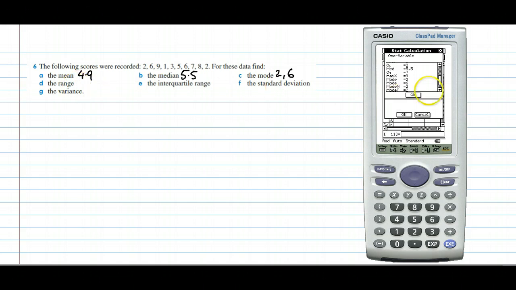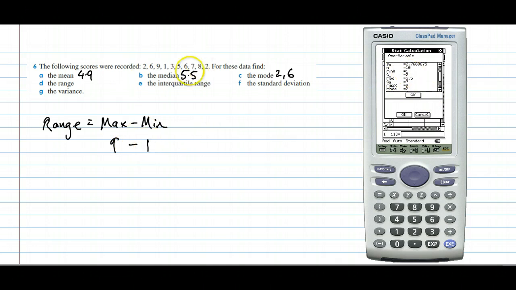For the range, it doesn't actually give us the range amongst this list of data, but it does give us what we need to work out the range. The range is the maximum value minus the minimum value. So range equals max minus min, and the maximum we're told is 9, the minimum we're told is 1.